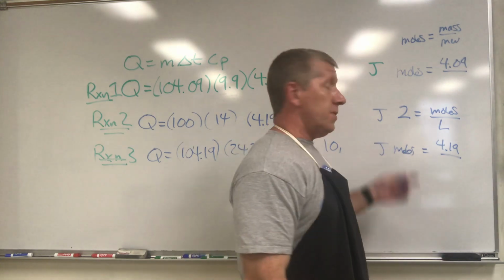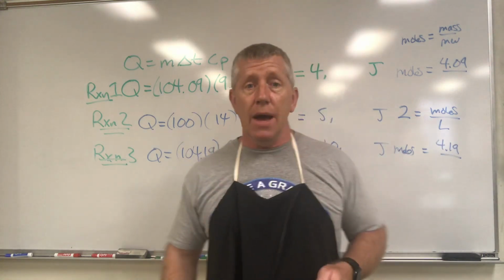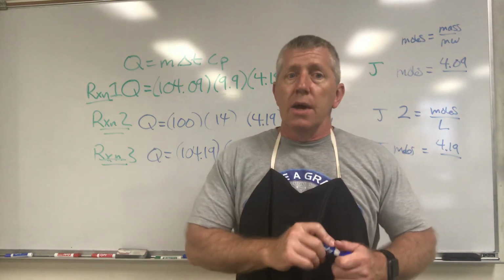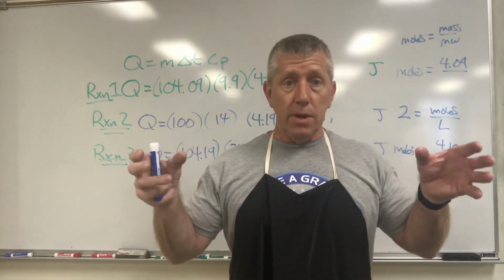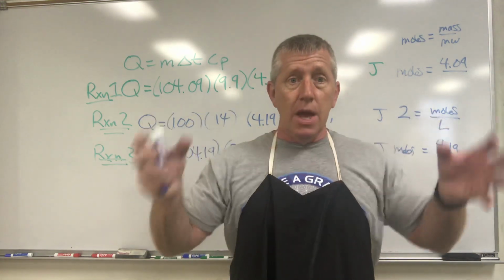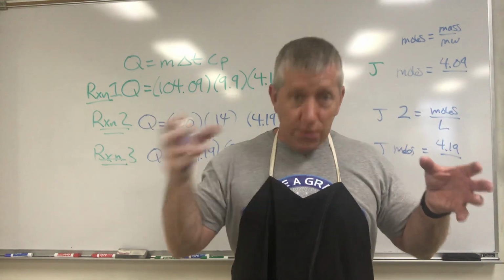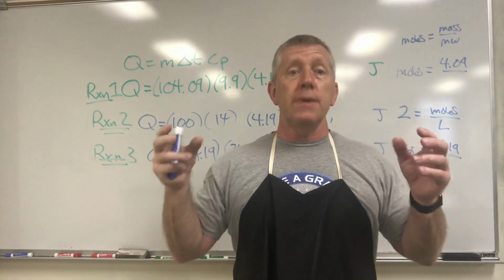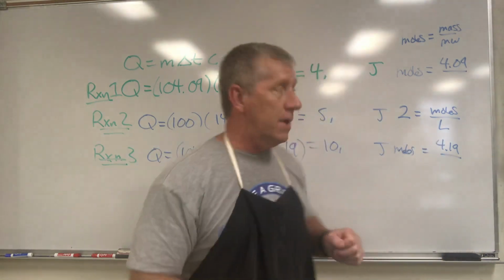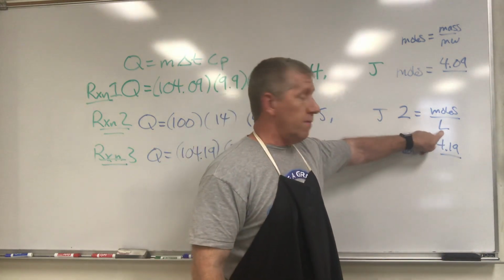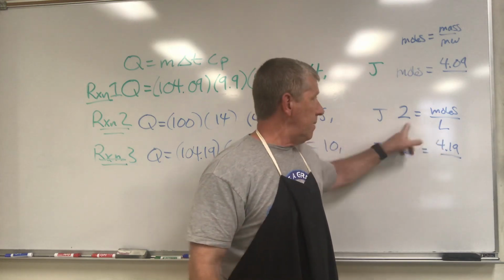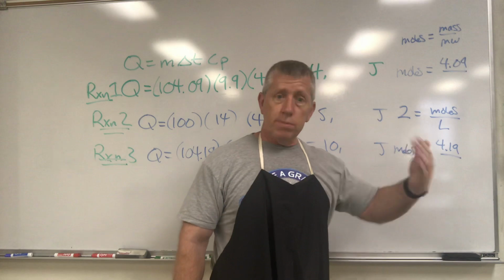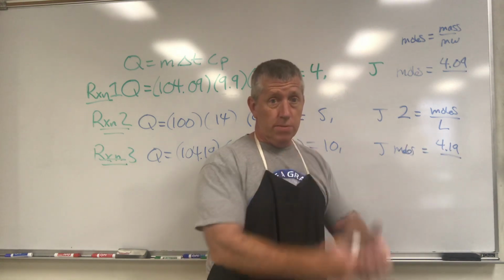And for the sodium hydroxide, how many liters did we use? Not the acid. We took 50 milliliters and 50 milliliters and added them together to get 100. But only one of them was 50 milliliters of sodium hydroxide. So put 0.05 down here on the bottom. That's 50 milliliters of the sodium hydroxide, and multiply and you get the moles. And well, that comes out to be a spot on number.